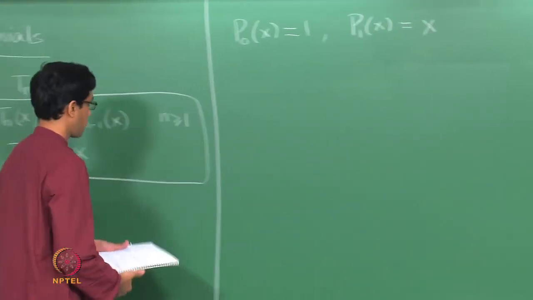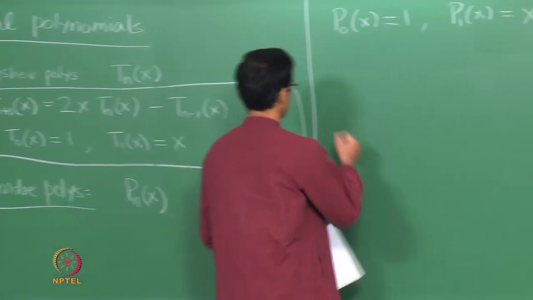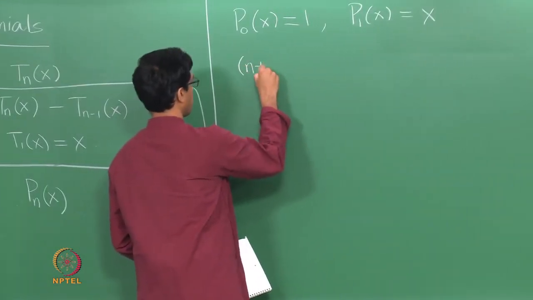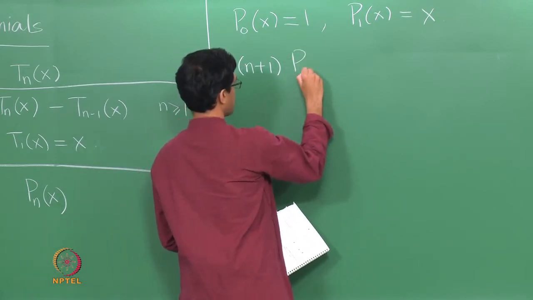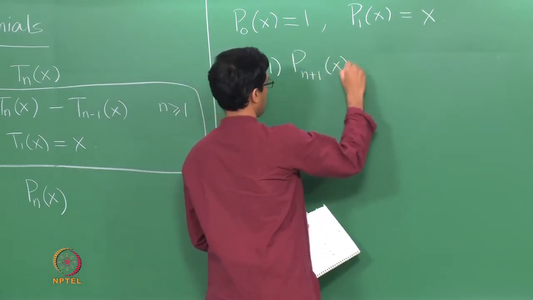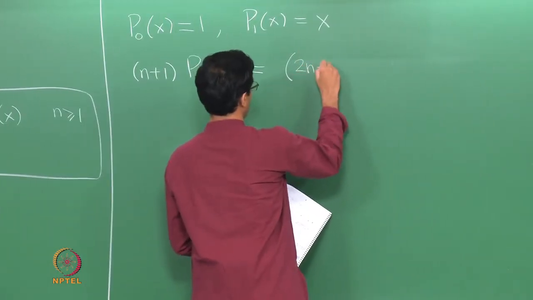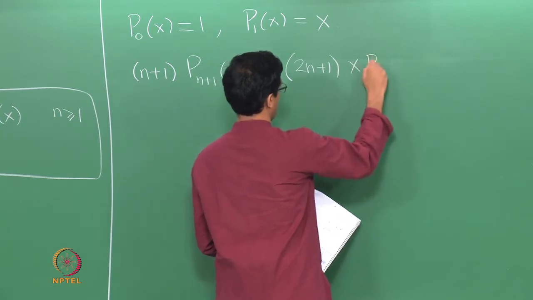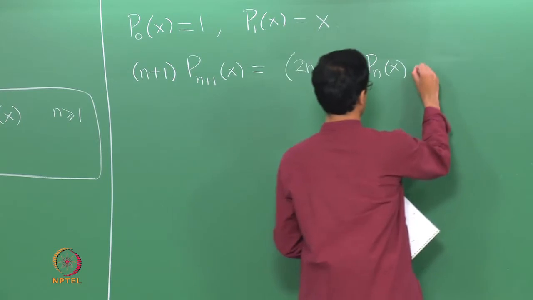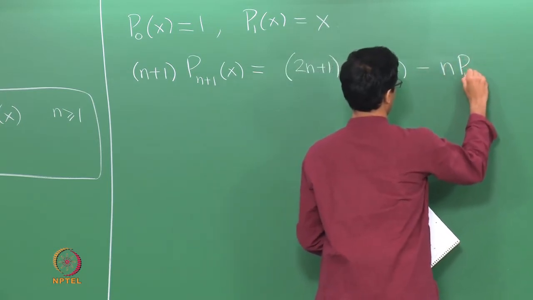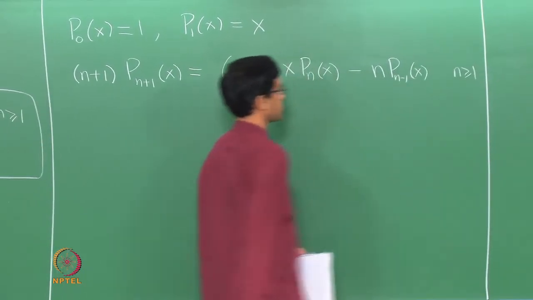So, the two initial values are the same as in the Chebyshev case, but the recurrence relation is different. Now, we will consider the following recurrence: n plus 1 times Pn plus 1 is the same as 2n plus 1 times x Pn minus n times Pn minus 1, again holds if n is at least 1.